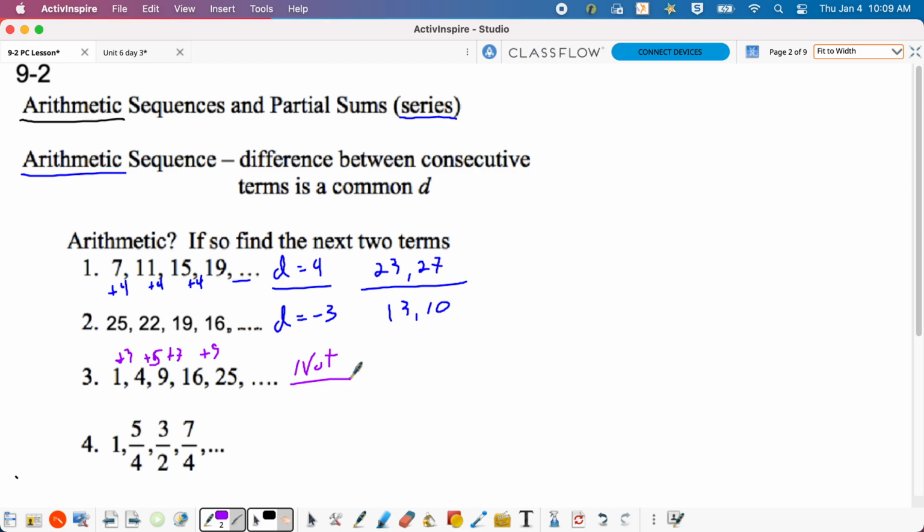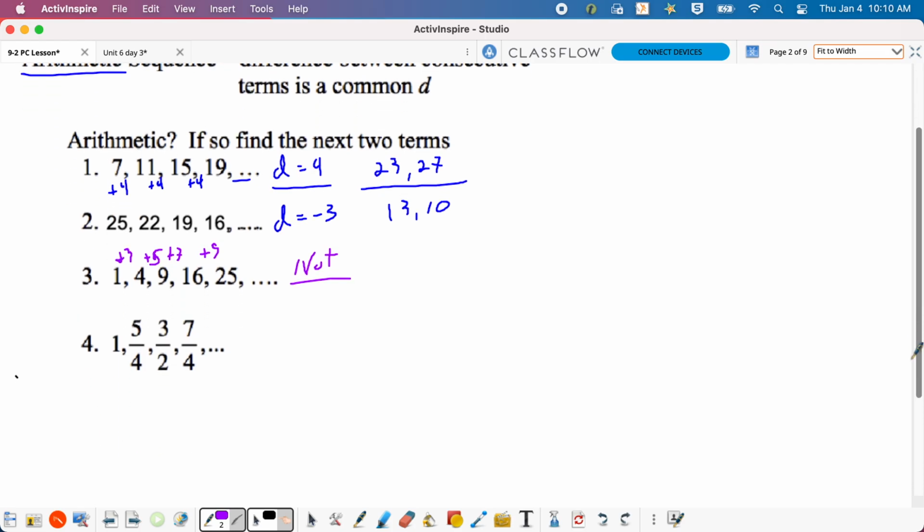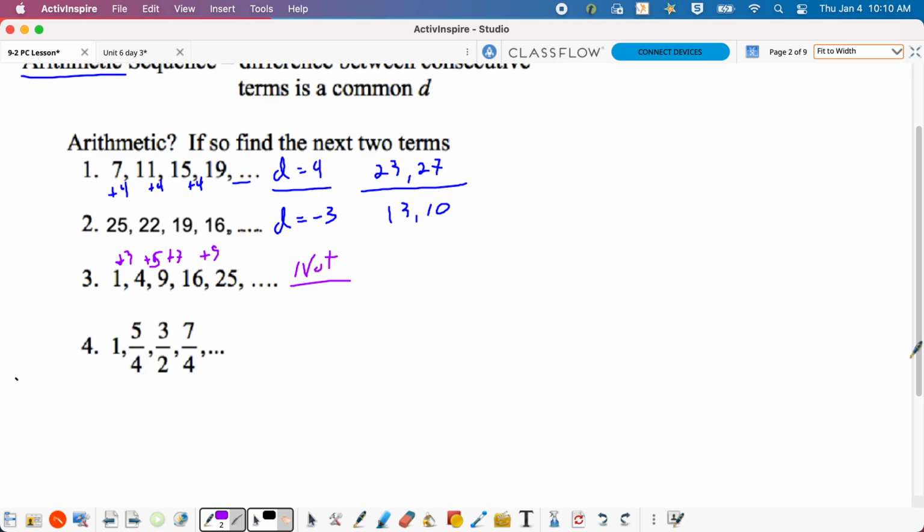Number 4, 1, 5/4, 3/2, 7/4. All right. This one, I got fractions. It makes it a little bit harder to look at. So what I'm going to do to make it a little bit easier is I'm going to rewrite this, getting common denominators. I'll make 1 into 4/4, 5/4, make 3/2 into 6/4.